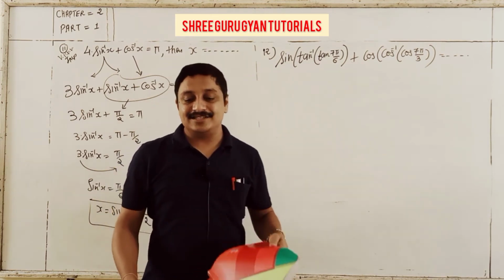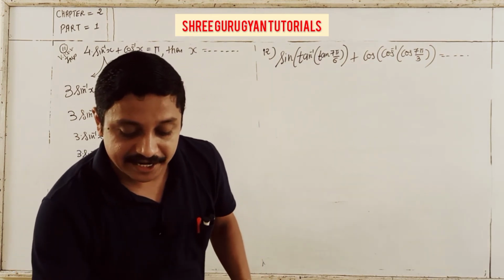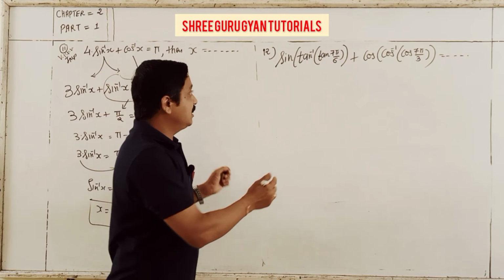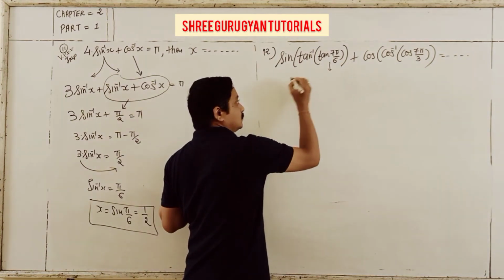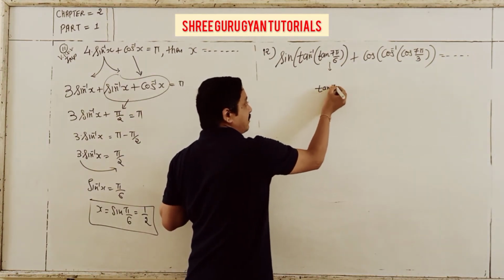First of all, I calculate the internal data, that's one: tan 7 pi by 6.